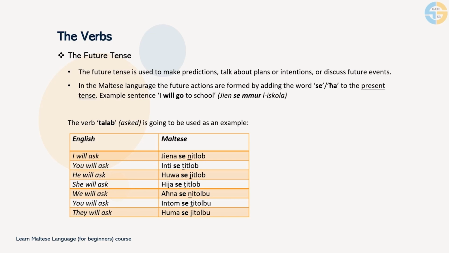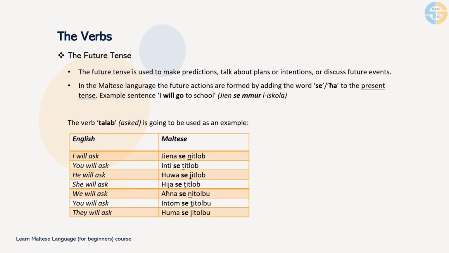Okay? So let's take the verb talab, which is going to be used in the example. The verb talab is in the past, because it's in the mamma form. To get it in the present tense, remember that we need to use the imperative, and the imperative is itlab. To conjugate a verb in the present tense, we added the anataya, remember?